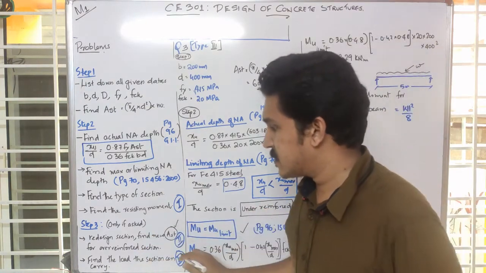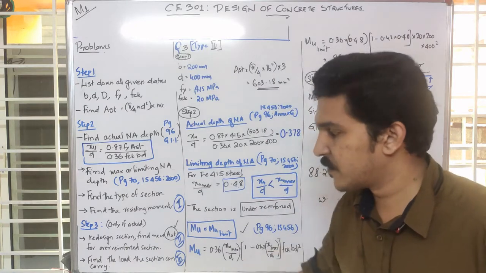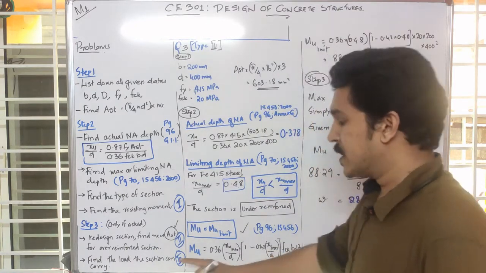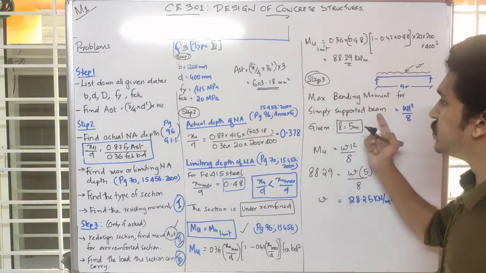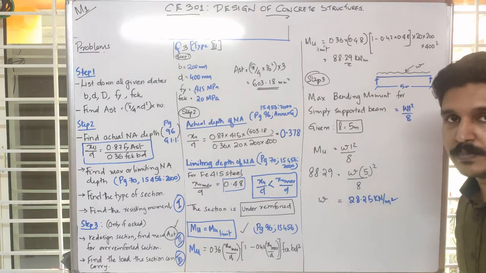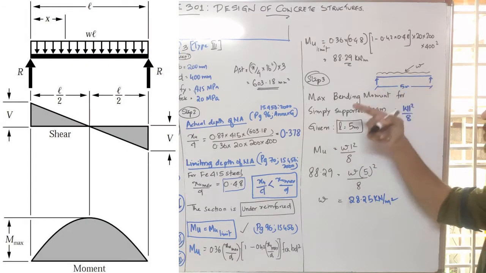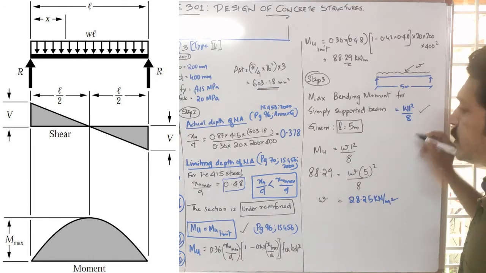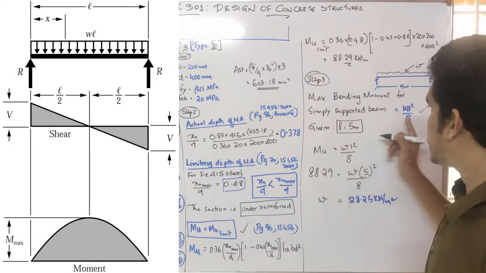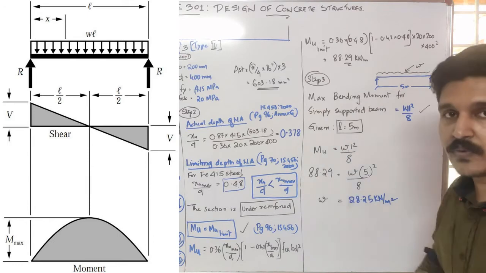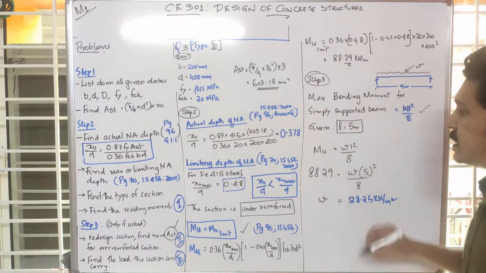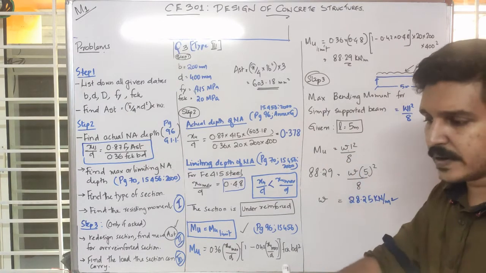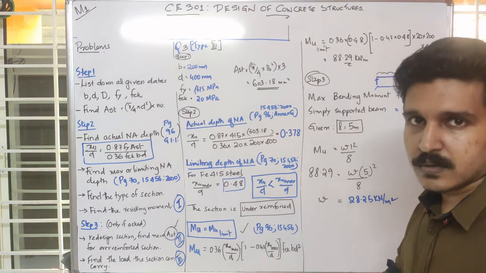The third step: the question asks to find the ultimate load value. For that, we consider a simply supported beam. In a simply supported beam, if a UDL is acting, what's the maximum bending moment? The maximum value is WL square divided by 8, where L is the span. Given that the span is 5 meter, we have to find W as a UDL value, not a point load.